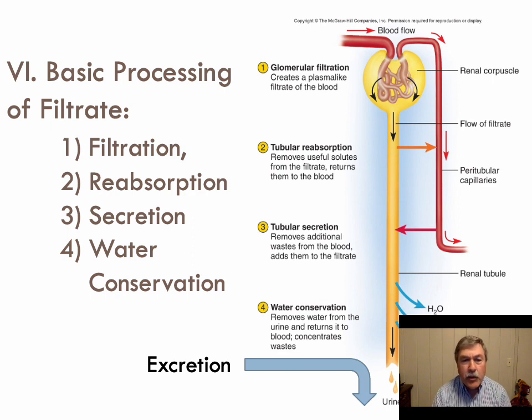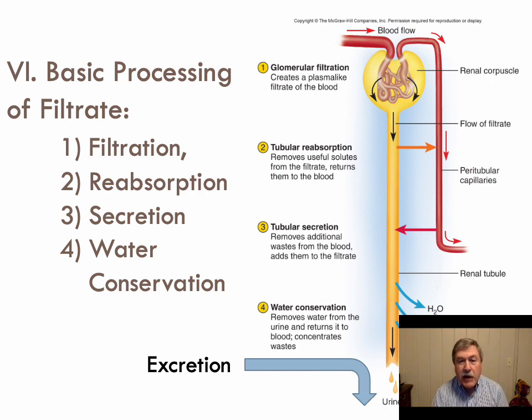And then finally, the fourth process that results in the production of this concentrated waste that we call urine is water conservation. Water conservation occurs in several different parts of the tubule. Most of it takes place in the proximal convoluted tubule. Additional water reabsorption takes place in the nephron loop.